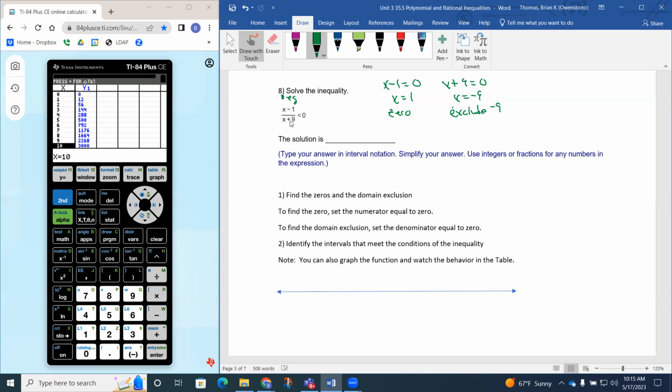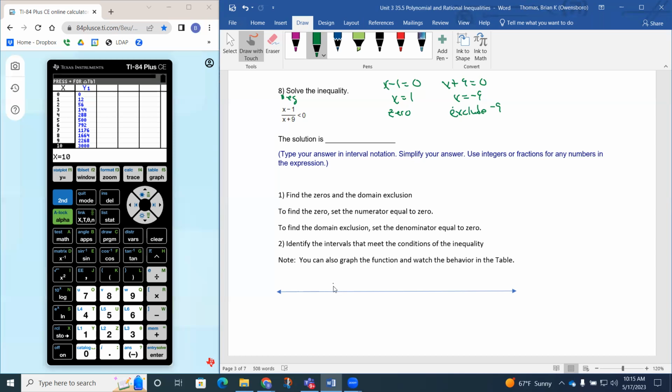And remember, with multiplying and dividing, the signs will indicate whether your answer is going to be positive or negative. So this is where we have sign changes in the numerator and denominator. They're very helpful when we try to figure out the solution.